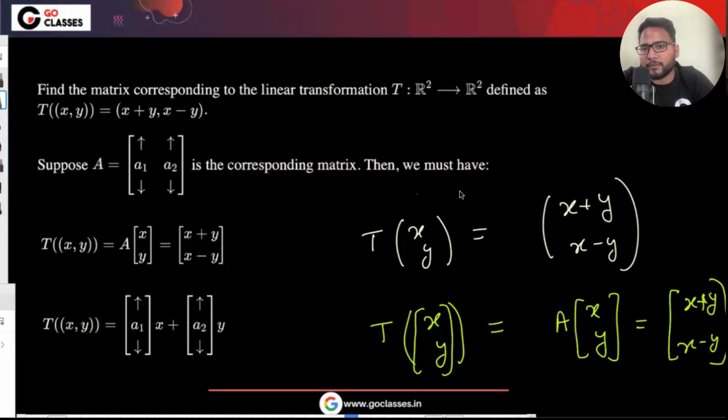Suppose A is the corresponding matrix, then we must have something like this. Then what is the value of A1 and A2? Using the decomposition you can tell me. That can be easily decomposed: something into x and something into y, and from here we can find the values of A1 and A2.